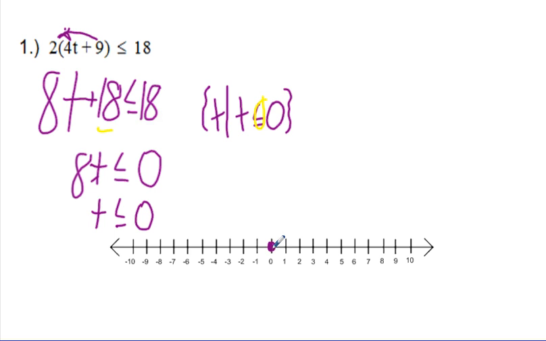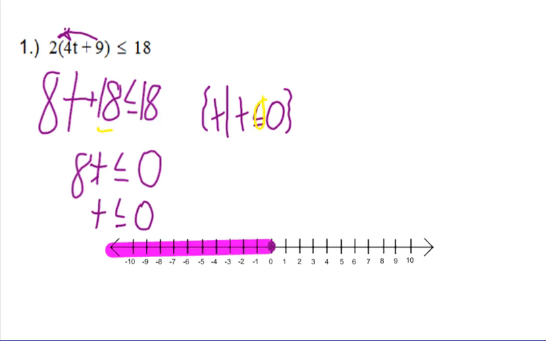And because our inequality is less than or equal to, we're going to want to shade all the areas on our number line where t is less than 0, which is going to be everything to the left. So now our solution region indicates that t is less than or equal to 0, and our graph matches that: t is less than or equal to 0.